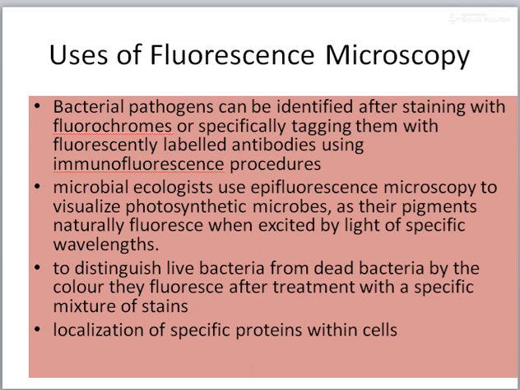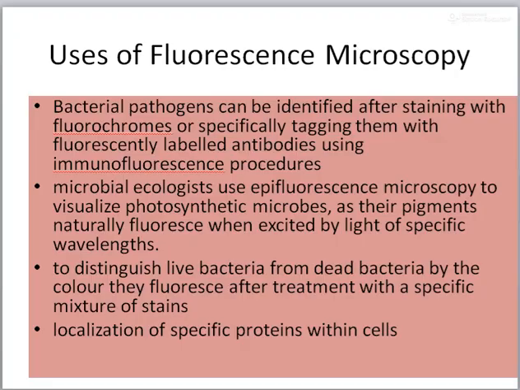And sometimes we use fluorescence microscopy even to distinguish between live and dead cells. Acridine orange can be used for live and dead staining. You can use any fluorochrome, and also for the localization of specific proteins within the cells. For these purposes we can use fluorescence microscopy.